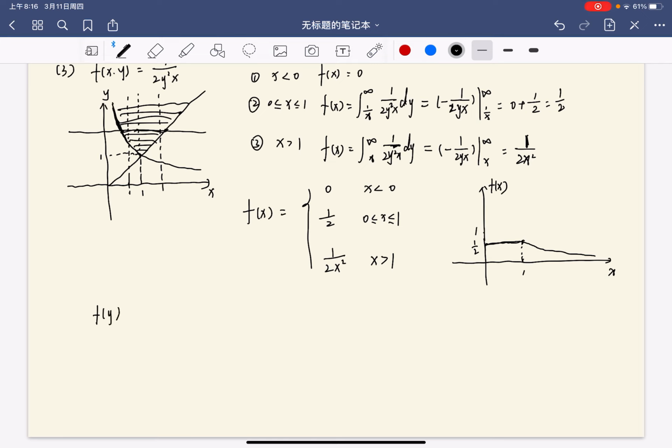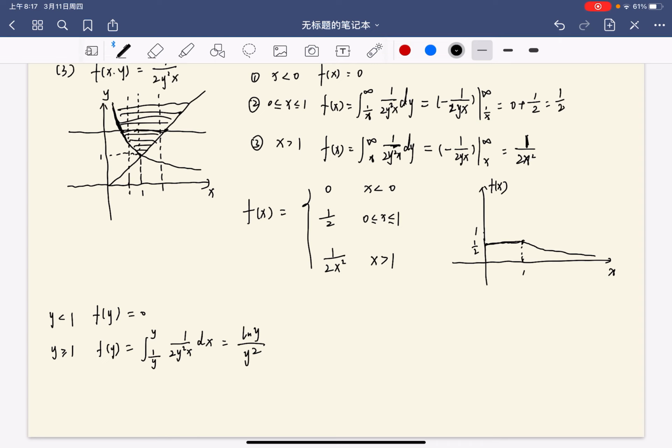When y is smaller than 1, it is obvious that f(y) equals 0, and when y is greater or equal to 1, the points are 1 divided by y and y. And the result is ln y divided by y to the power of 2.